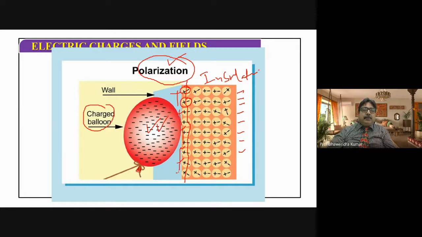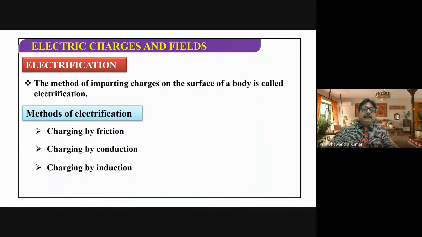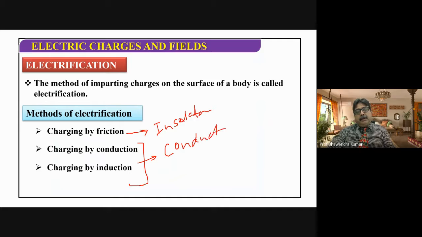So charging by friction is possible only for insulators, but charging by conduction and charging by induction will be possible for conductors. So we can see that charging by friction is for insulators, and charging by conduction and induction will happen for conductors.